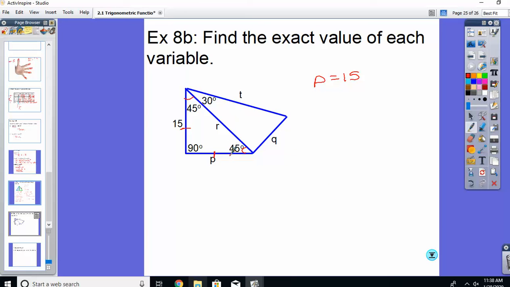Let's just do Pythagorean theorem to get R. So 15 squared plus 15 squared equals R squared. What's 15 squared? 225.